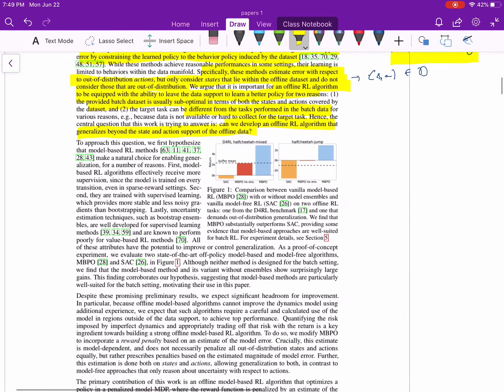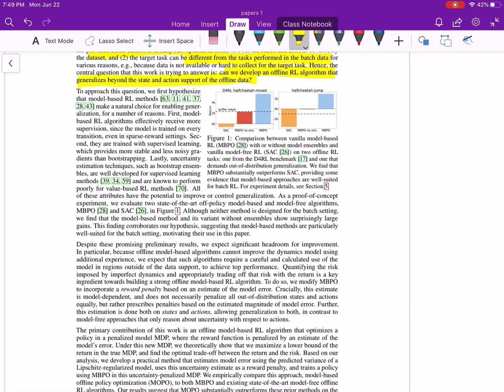Now towards this, they further mention that firstly, model based RL algorithms effectively receive more supervision. Yes, we are approximating the model itself, so this is an advantage, giving better supervision from the data set.